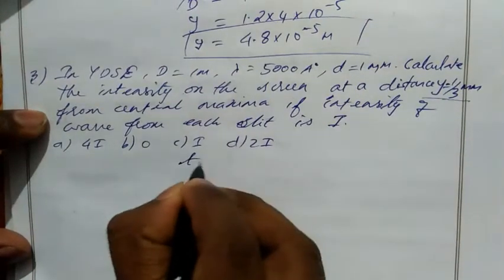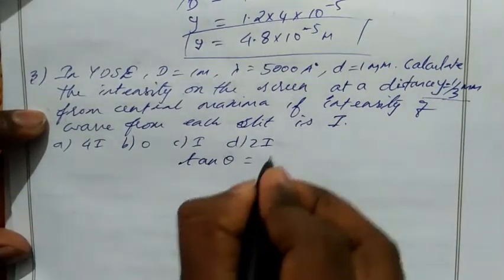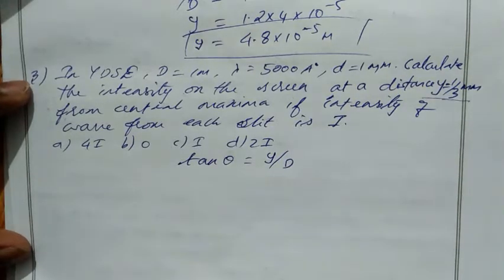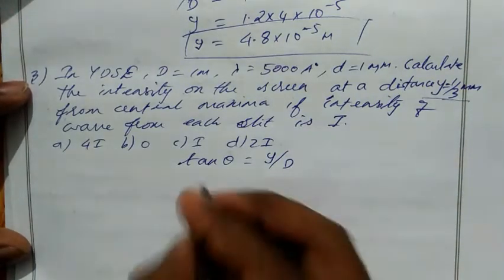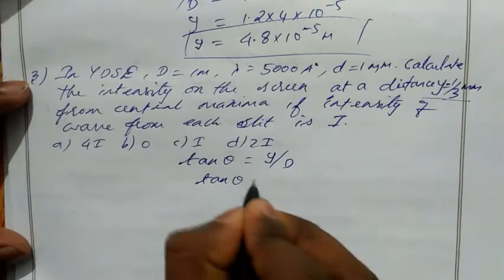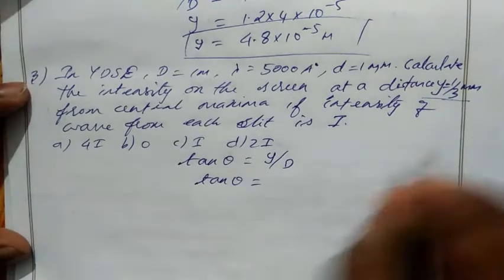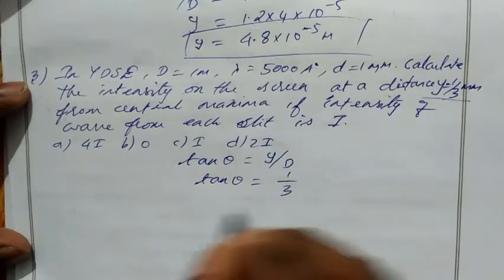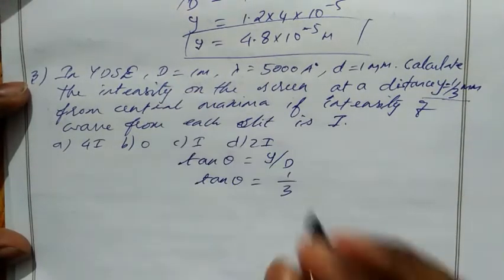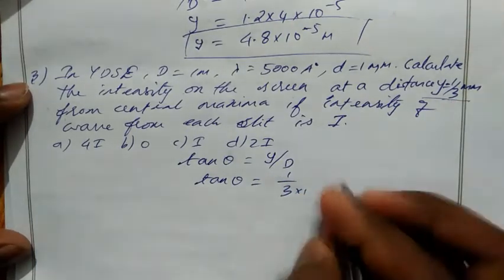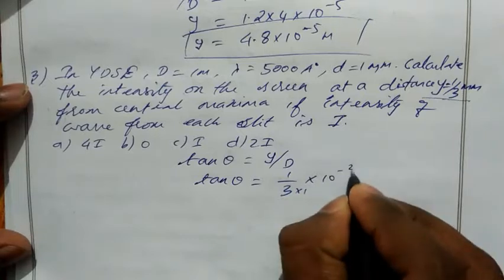So in the first step we found tan theta equal to opposite by adjacent. Okay, so tan theta equal to, what is the Y value? Y value is given 1 by 3. Then what is D? D is given 1 meter, so we have 1 by 3. The value is in millimeter, so we have to write 1 by 3 into 10 power minus 3.